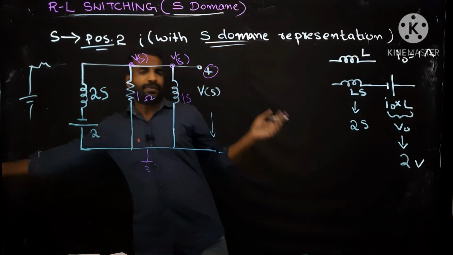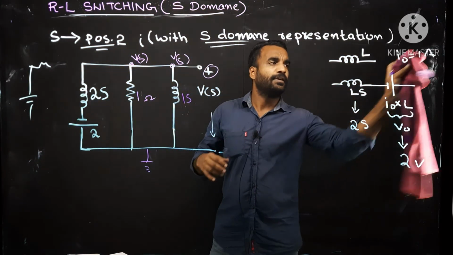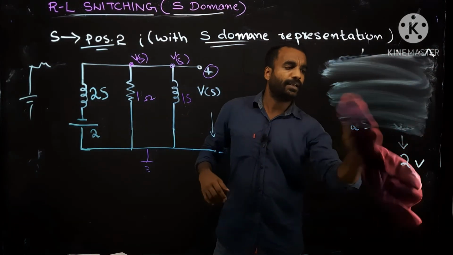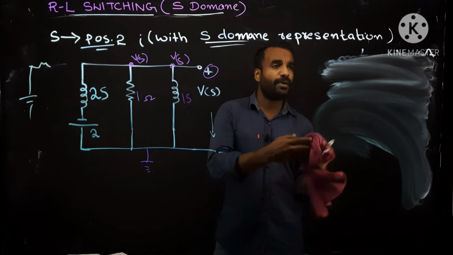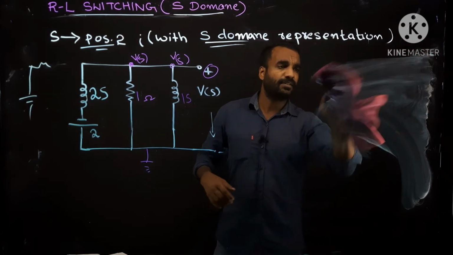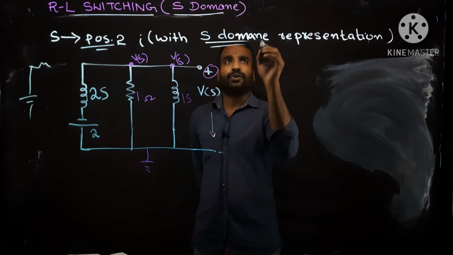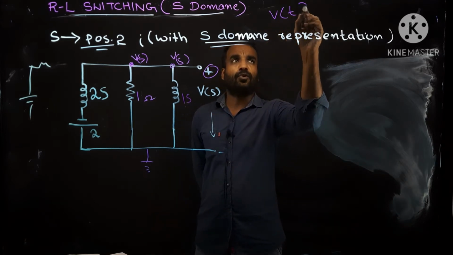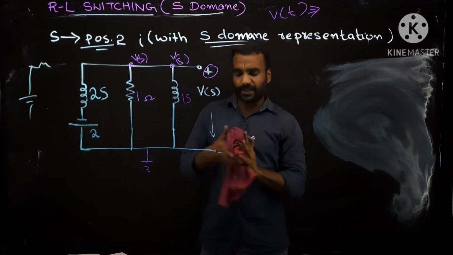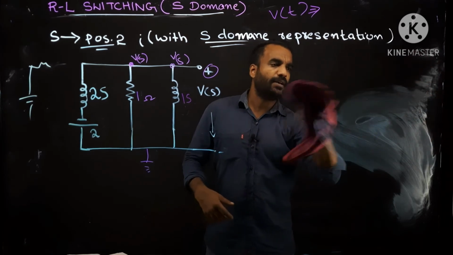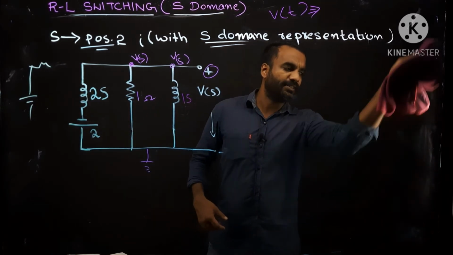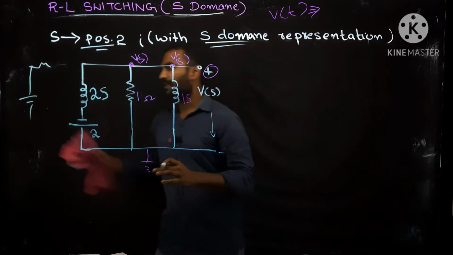Okay, now this is the time for applying nodal analysis. Why am I applying nodal analysis here? Because you are asked to find V of t. Voltage is needed. That's why nodal analysis is the better option.